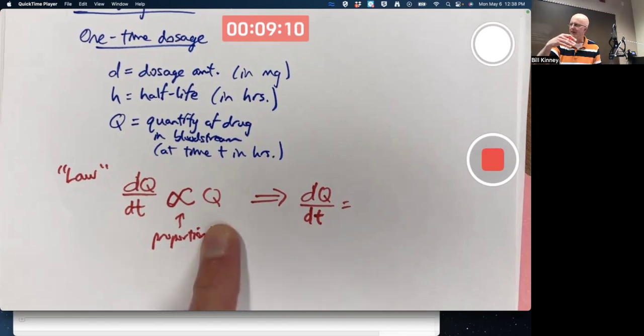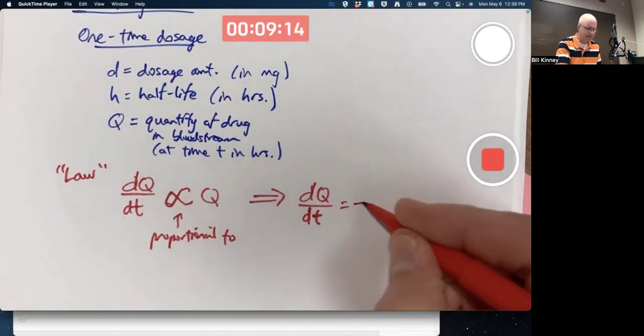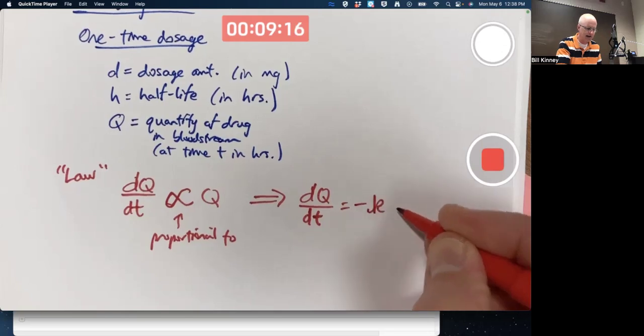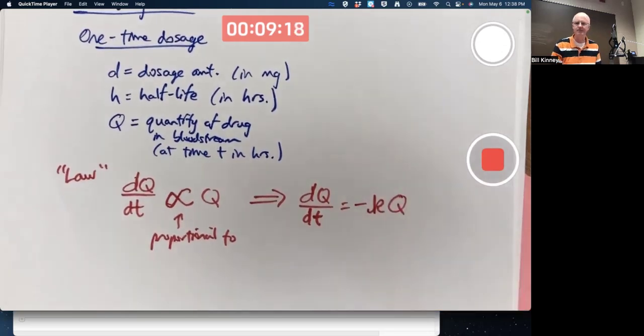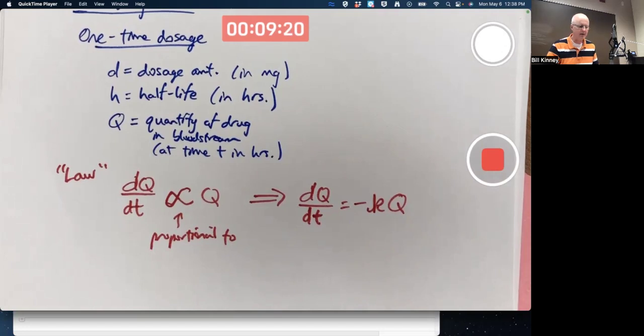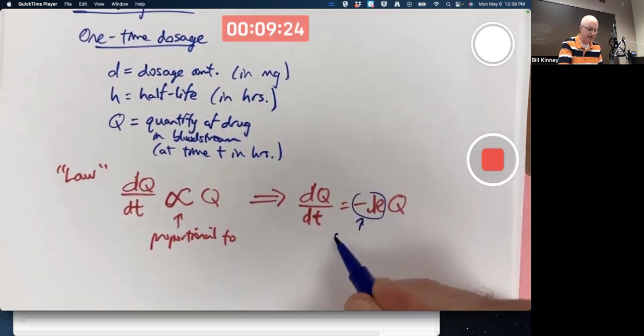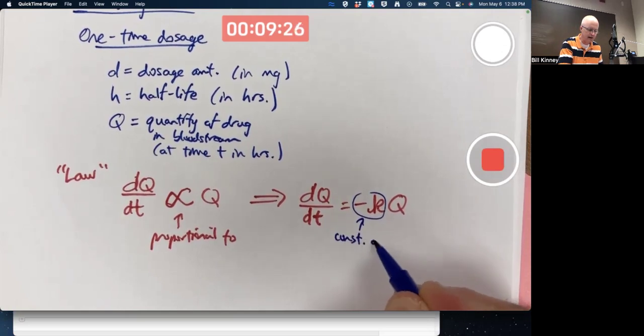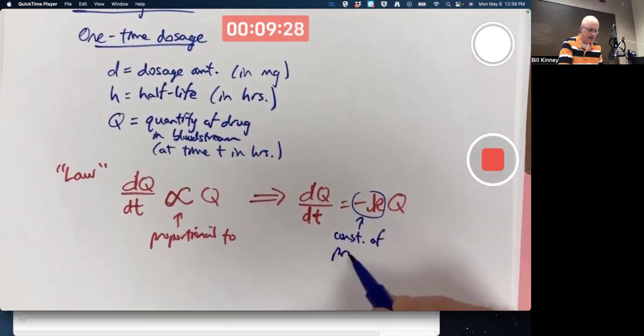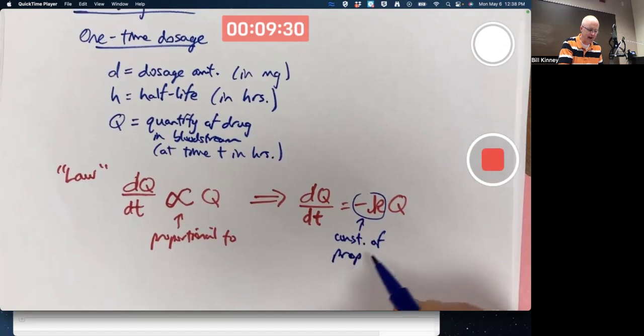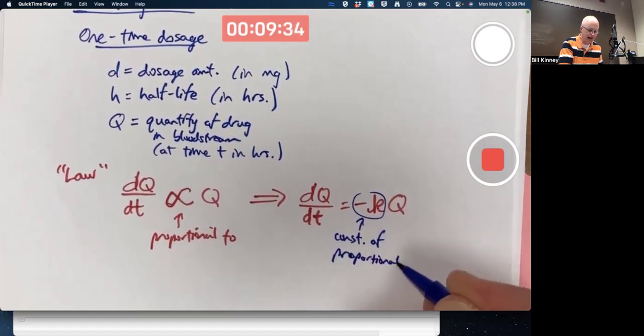So since Q is positive, I need a negative constant of proportionality. Let's emphasize that by using a negative sign. Negative k times Q for some constant k. That entire thing is your constant of proportionality. Not just the k, but the negative k.